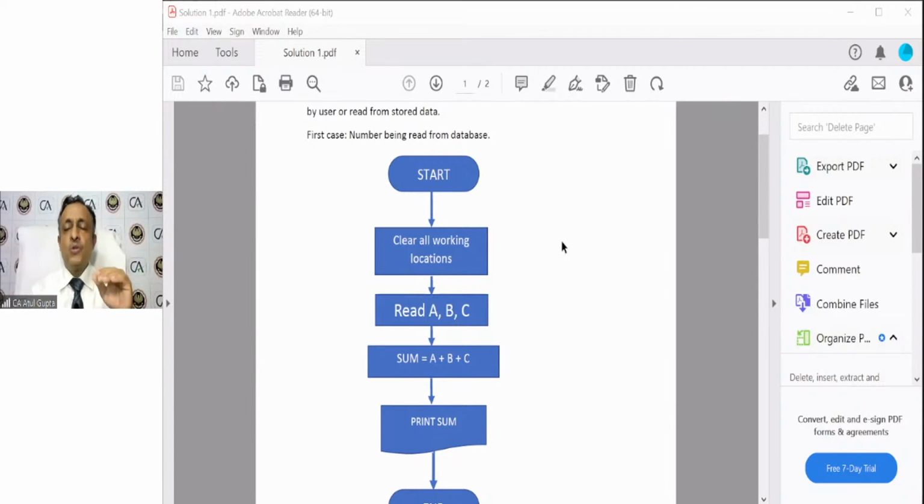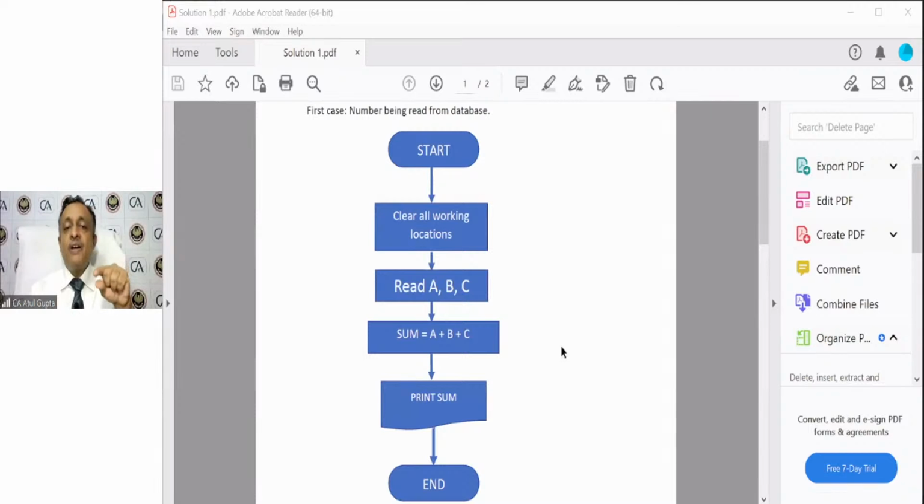Now, if you look at the flowchart, our idea is clear: we want to get 100 out of 100, a 100% score in the flowchart. The first symbol, the start symbol, you may call it an oval. Every flowchart must have one oval at the start and one oval at the end.